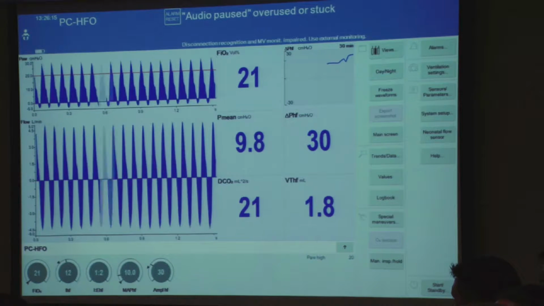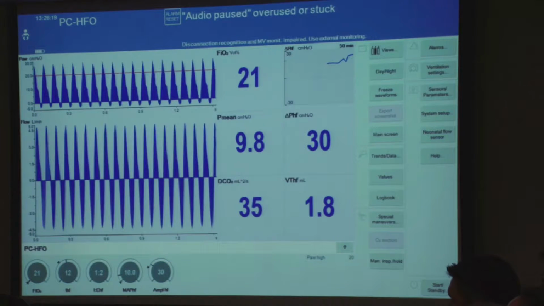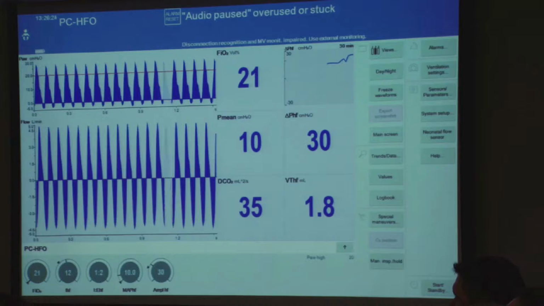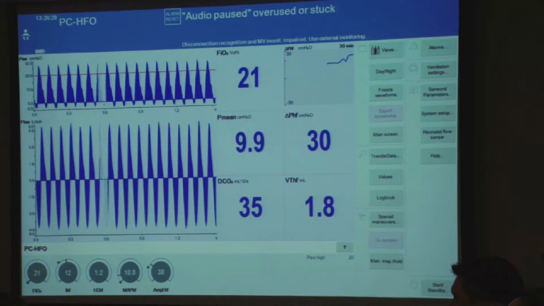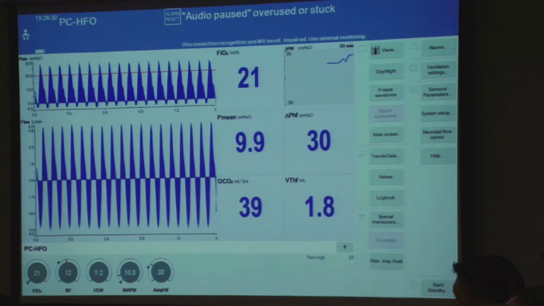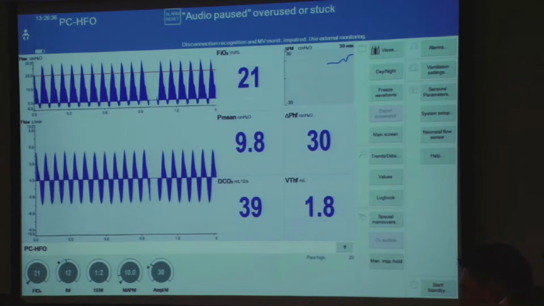Now again, we have our limit much higher. And that's why the protocol that you're going to begin soon starts with 10 hertz. Because if you would start a baby on 15 hertz, you would run into this problem pretty quickly.